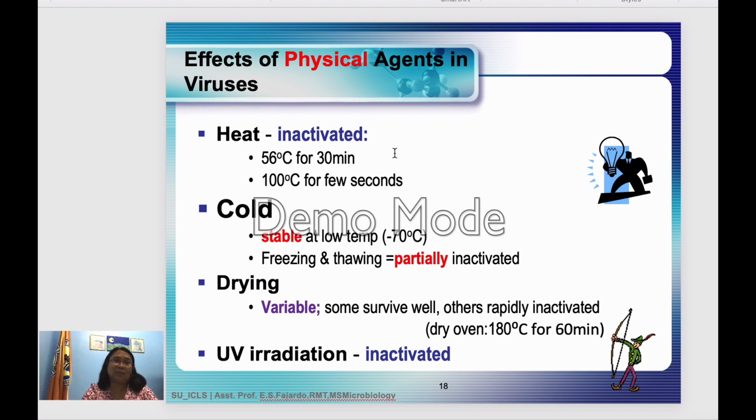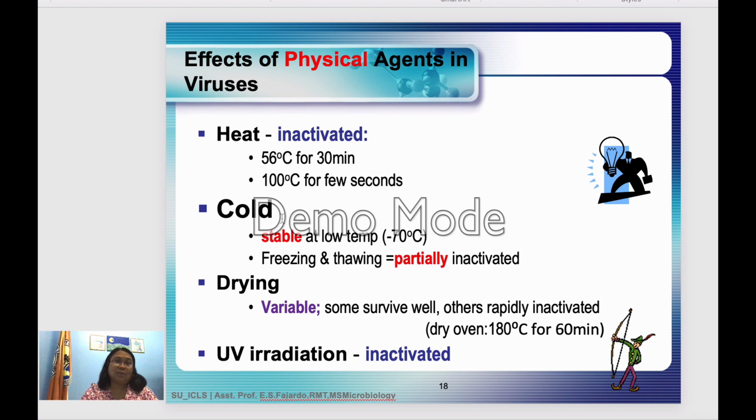So what do you mean inactivated? They cannot enter a host cell. So probably during the heating process the protein is degraded, so it cannot become an intact virion. Now cold stabilizes viruses.